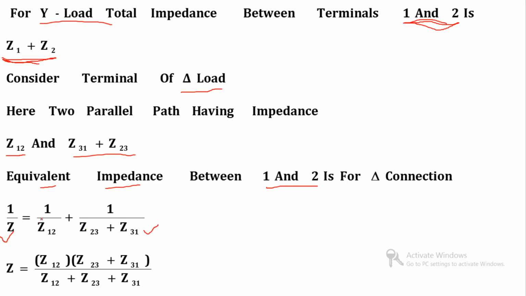So I will take the LCM of Z12 and Z23 plus Z31. So its equivalent impedance Z is equal to Z12 into Z23 plus Z31 divided by Z12 plus Z23 plus Z31.